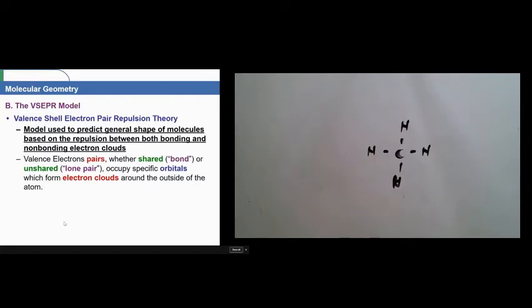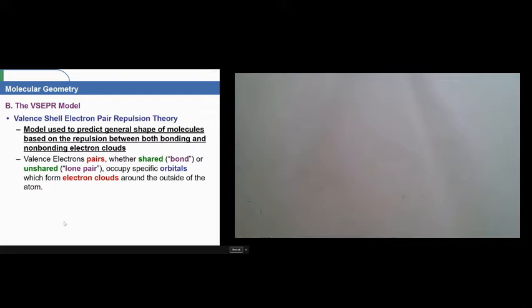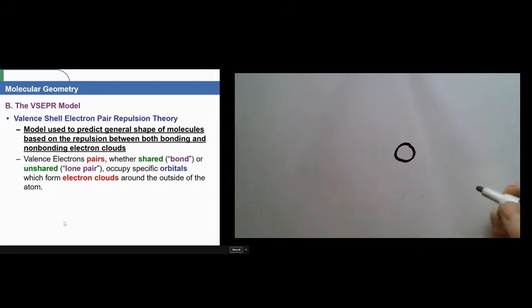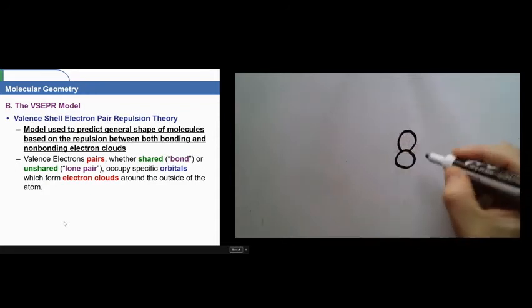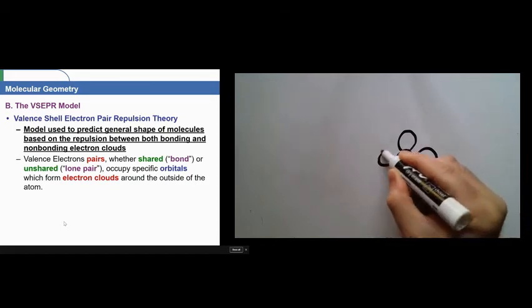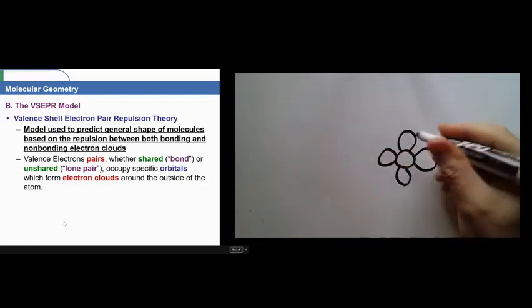Now, as you guys know, valence electron pairs, whether they're shared as in a bond or unshared in a lone pair, occupy specific orbitals which form electron clouds around the outside of the atom. Imagine, if you will, if that's an atom, these three-dimensional objects, these orbitals, kind of look like maybe flower lobes or flower petals that come off of it.